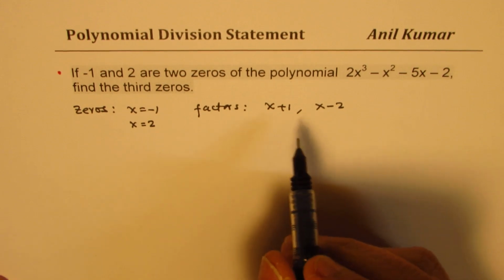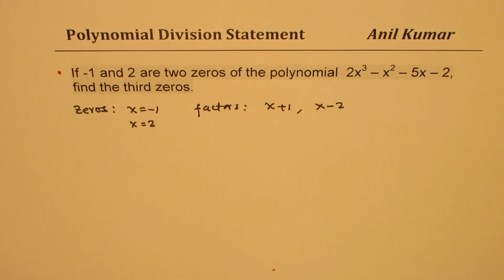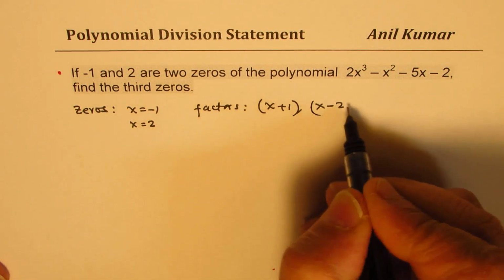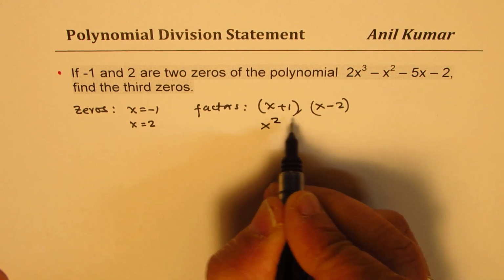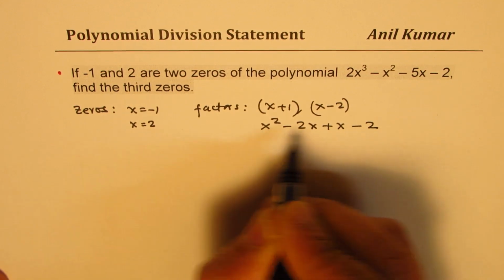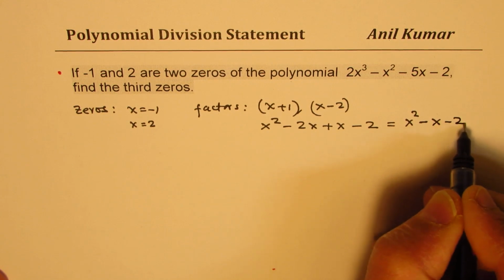So what we could do here is that we could just divide this by these two factors and get the third factor. So let me first multiply them, right? So multiply them. So what do you get here? When you multiply them, you get x squared minus 2x plus x minus 2, which is equal to x squared minus x minus 2.